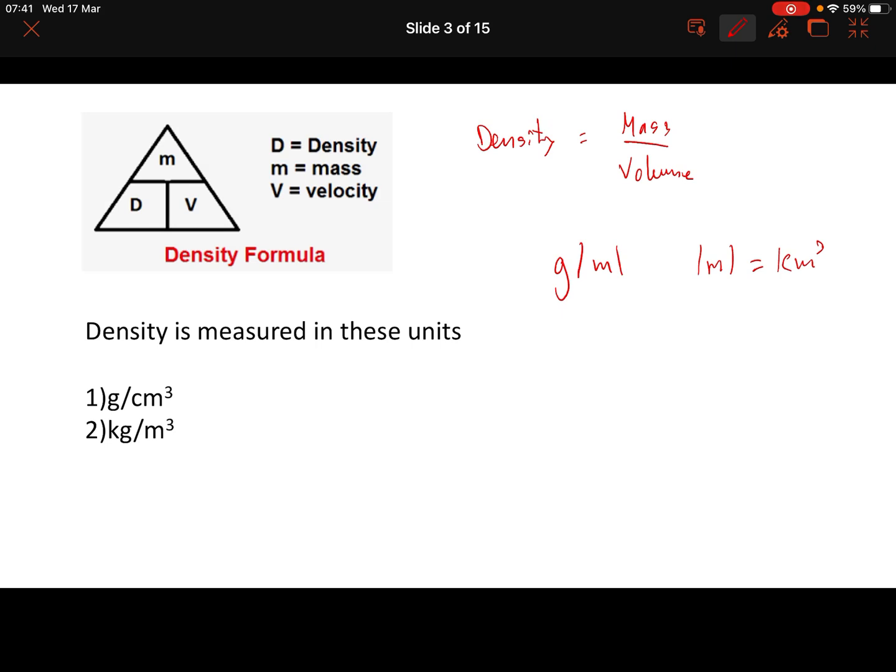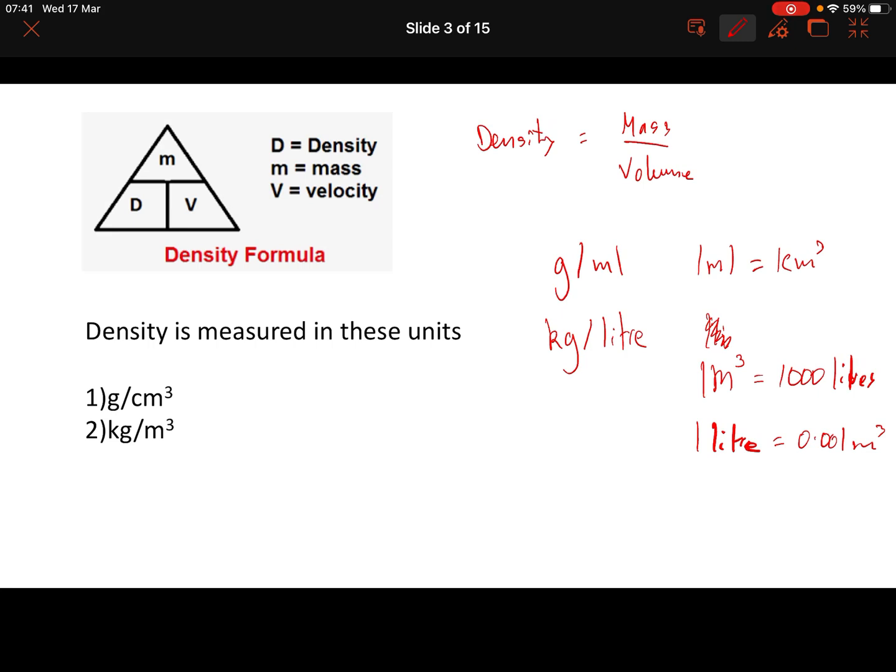You might also get it as a kilogram per litre. Remember that 1 metre cubed is equal to 1,000 litres, so 1 litre is equal to 0.001 metres cubed. So try to remember that.